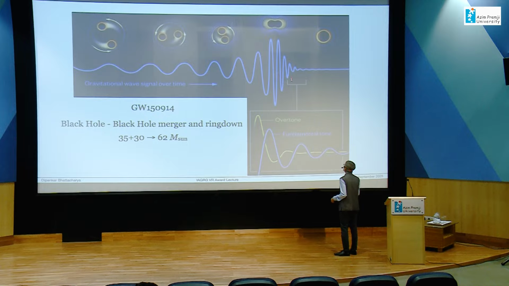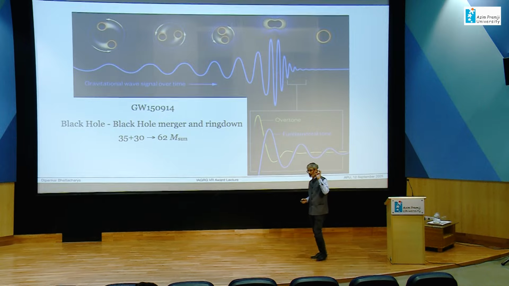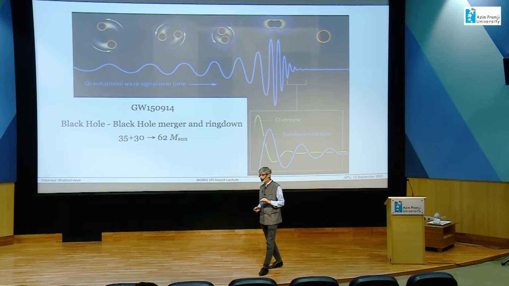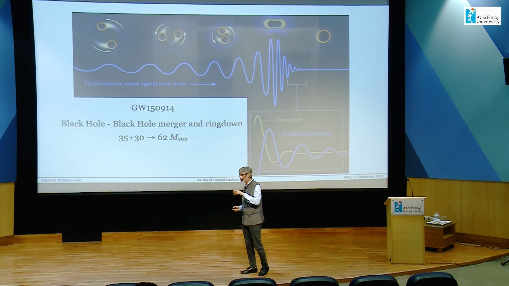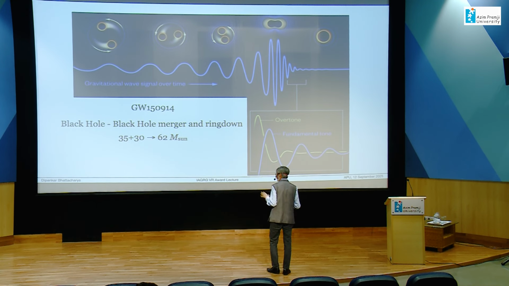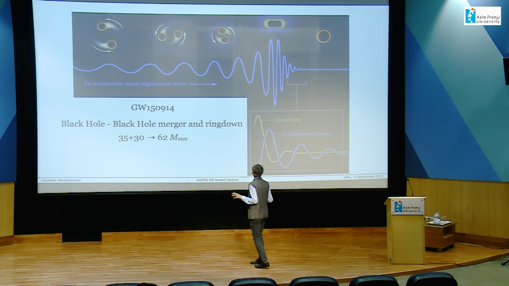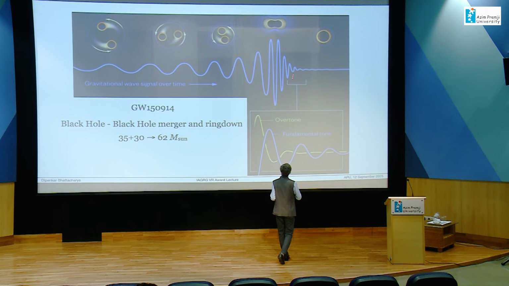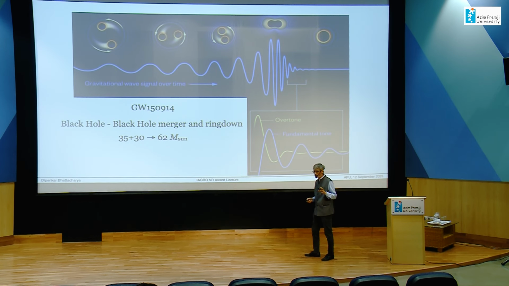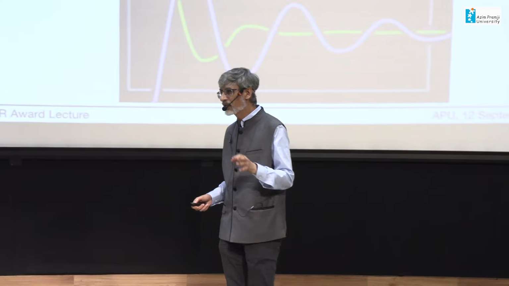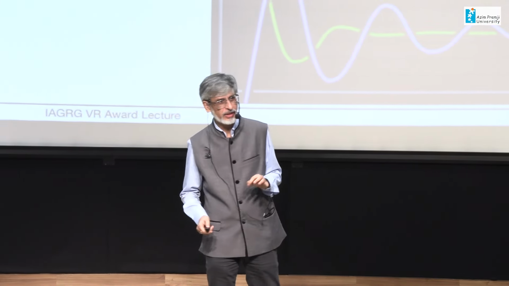And there is a well-known predicted signature of how a black hole should ring down once you perturb it, from general relativity, and this matches exactly that relativistic prediction. If you take this part, which is the decaying part, you not only have a fundamental, you also have an overtone, and the ratio of these two is exactly what is predicted by GR.